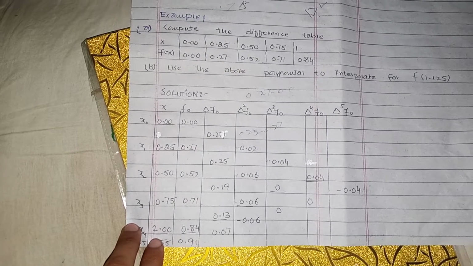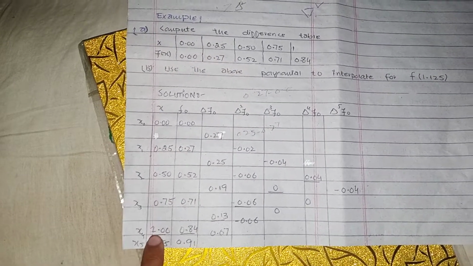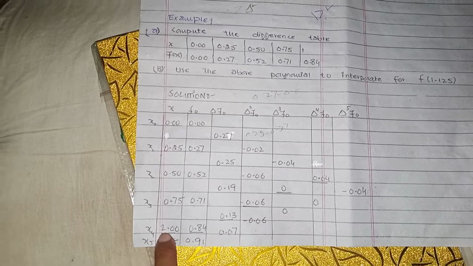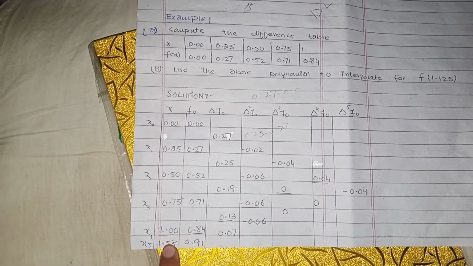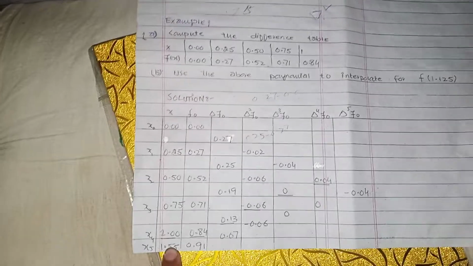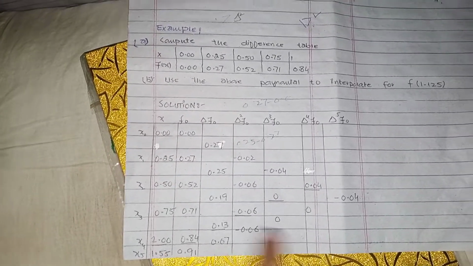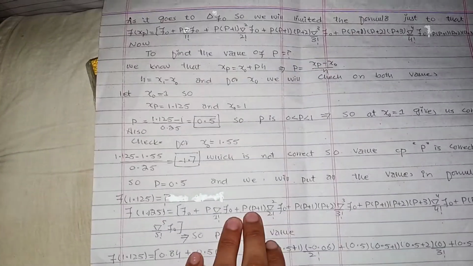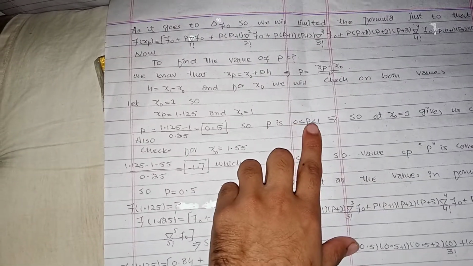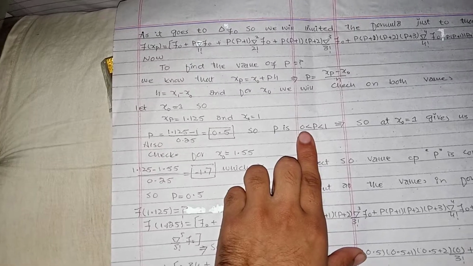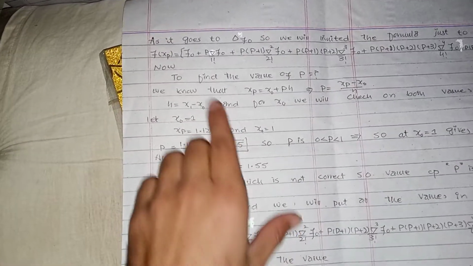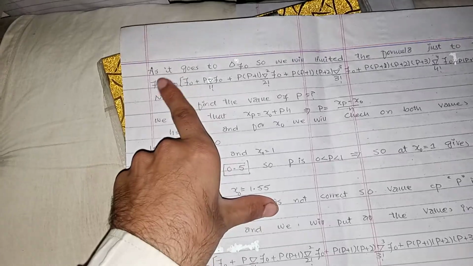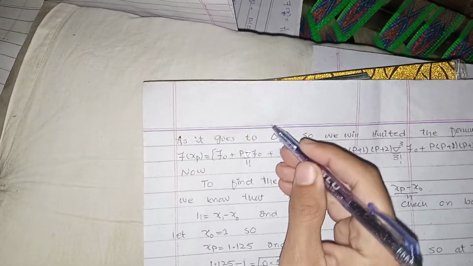So we will first check on this value, and second we will check for this value, so as to get the value of p between 0 and 1, because from the rules we know that the value of p must be between 0 and 1. From here we can get the values of p. And as for the rules, as it goes to del 5, from here I should write del 5.